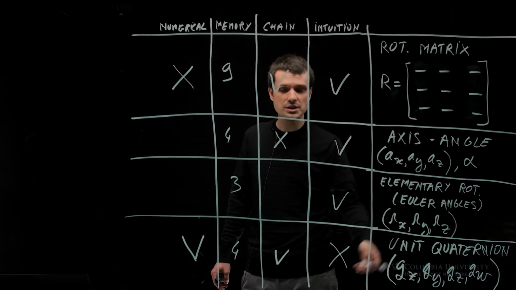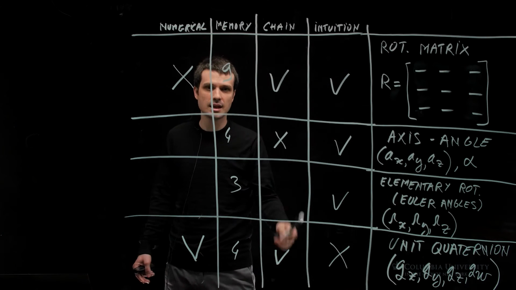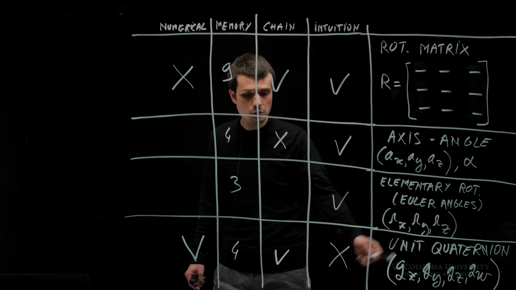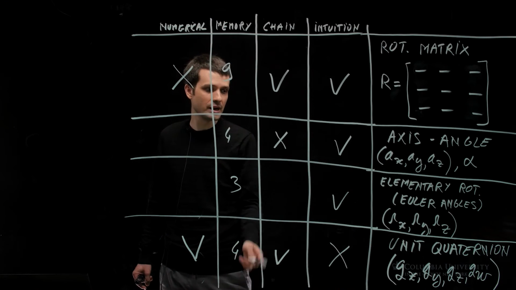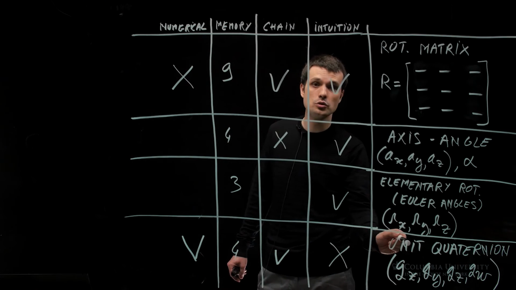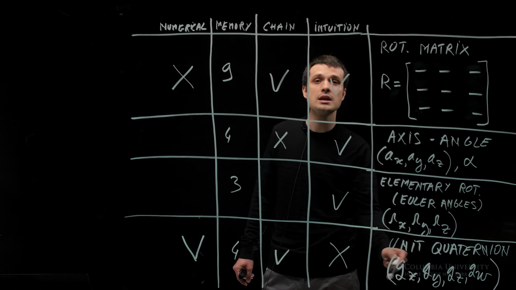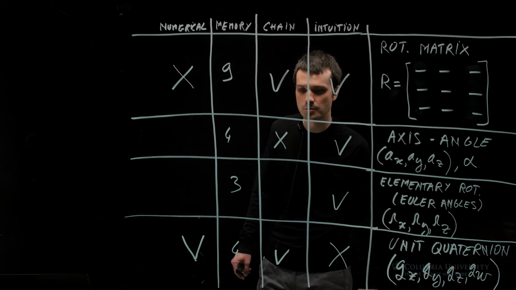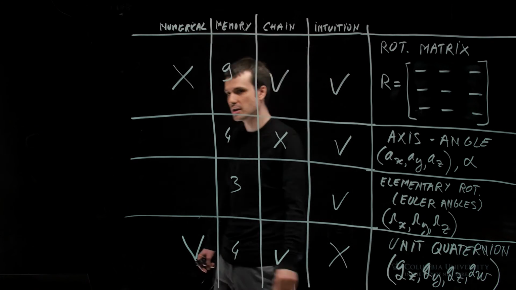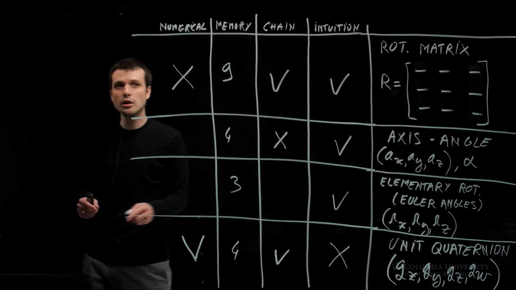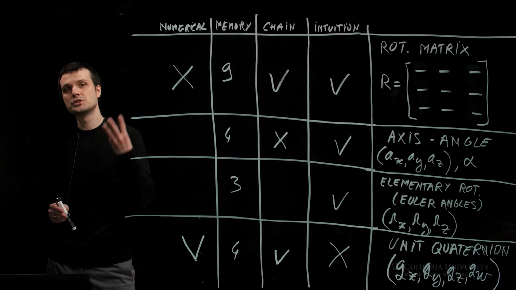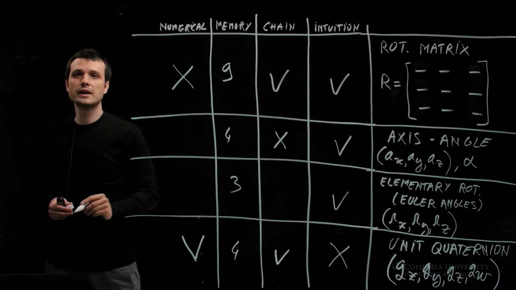The elementary rotations, the Euler angles, that's 3 variables, not much else to say there. The unit quaternion, that's 4 numbers, but again, they are not all independent because it's a unit quaternion. So really, it's 3 independent variables, and the 4th one can be derived from the fact that it's a unit quaternion. So you bring it all together, the answer to the question is 3. This is very important to remember.